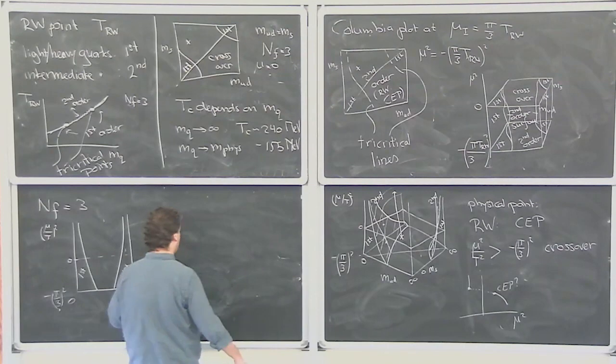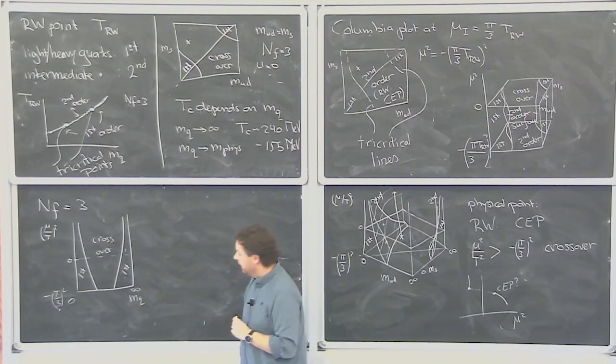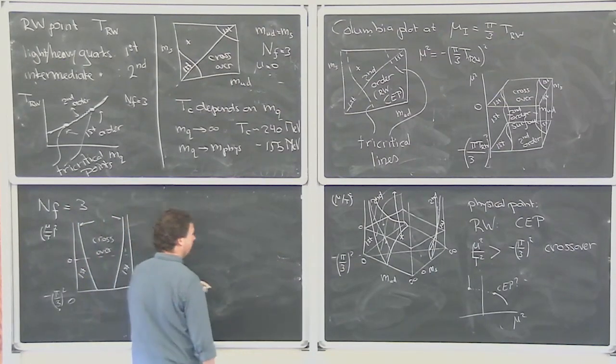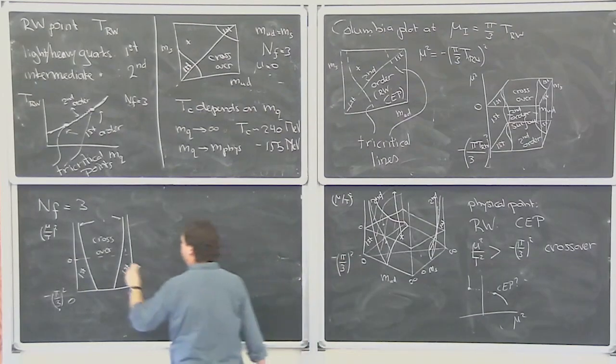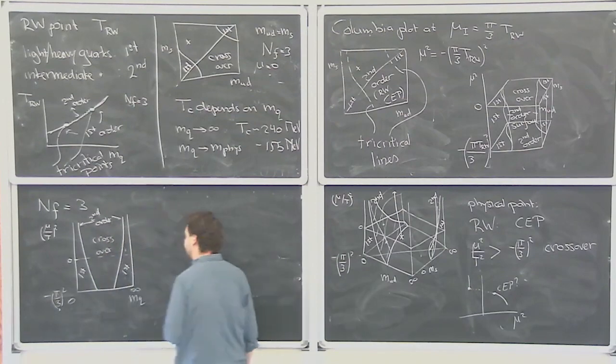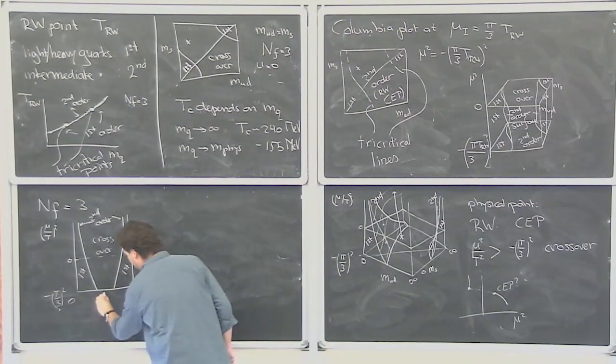In the middle, it's a crossover. And then these lines here, which are basically the surfaces here, these are the second order lines. And then on the bottom, it was second order as well.